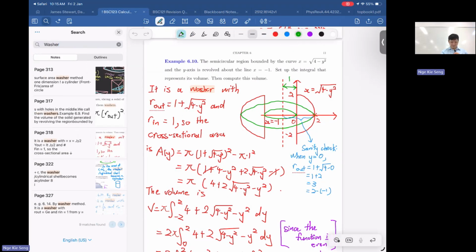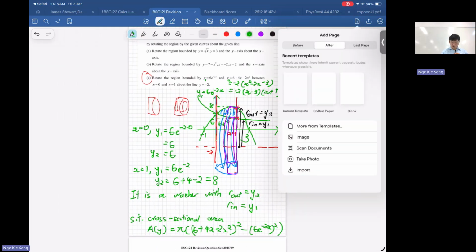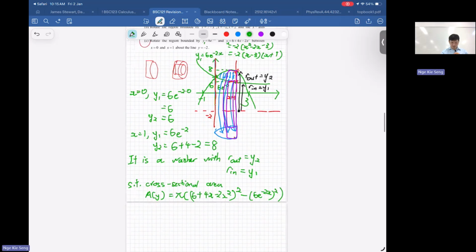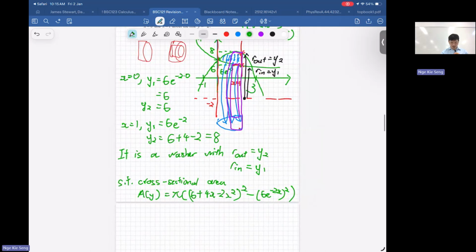Correct? Yeah. Then what about the volume? This is in terms of x, because your radius is in the y direction, so you need to integrate along the other direction.